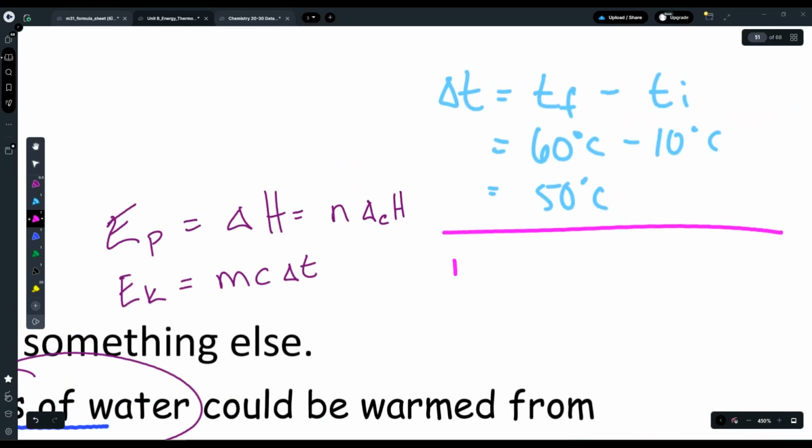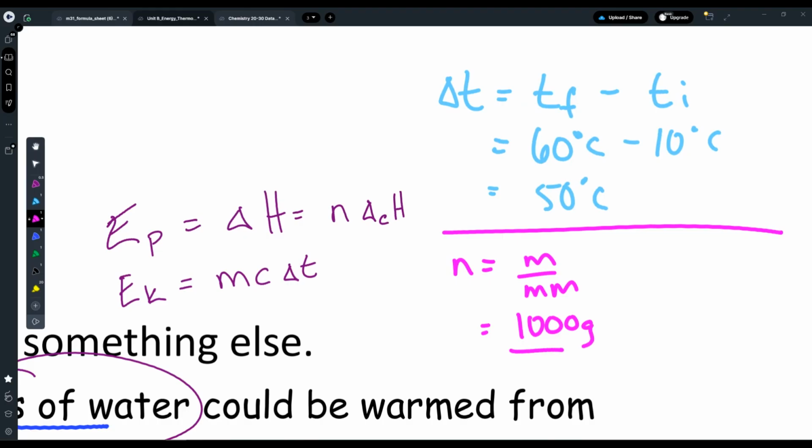Remember, moles is equal to mass divided by molar mass. Molar mass you'll have to figure out by looking at your periodic table. But mass, that's 1 kilogram. Since there's 1,000 grams in a kilogram, mass is 1,000 grams. We're going to divide that by the molar mass of ethane, which is 30.08 grams per mole.